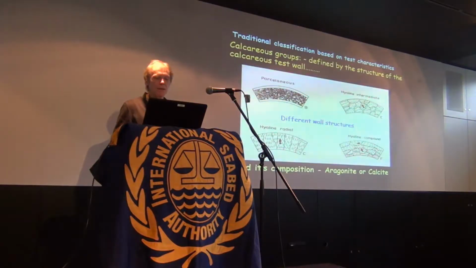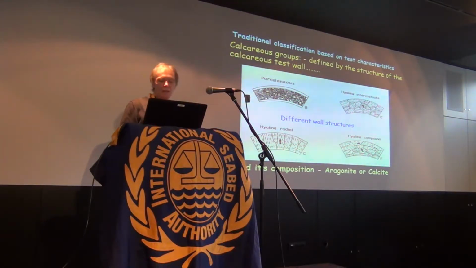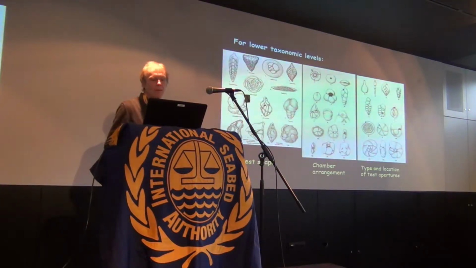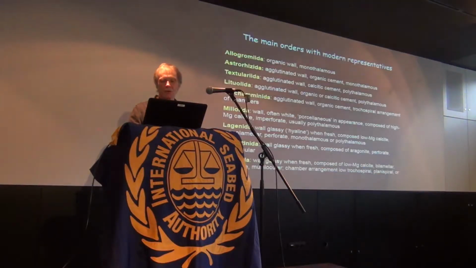Among the calcareous groups, you define groups based on the structure of the calcareous wall, the way it's layered, and the way the crystals are arranged, and also its composition, whether it's aragonite or calcite, which are 2 different crystalline forms of calcium carbonate. And then for lower taxonomic levels, things like test shape, chamber arrangement, and the type and location of test apertures, all these features are important.